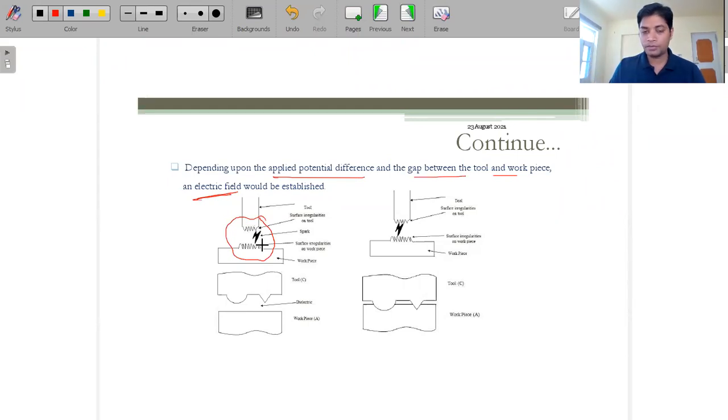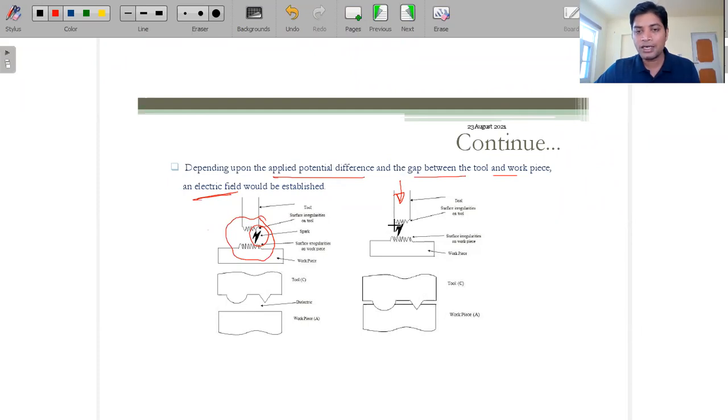Okay, so a spark is generated where the minimum gap is found, and then the minimum gap is maintained. Now we are giving it feed towards this side, so the next spark will be generated when the next irregularities come in contact.